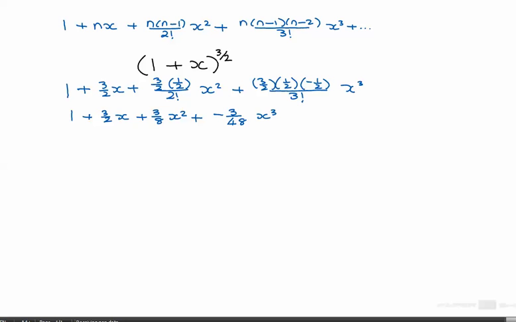And simplifying once again, that gives me 1 + 3/2 x + 3/8 x^2, and then minus, if I simplify that fraction, 1/16 x^3.